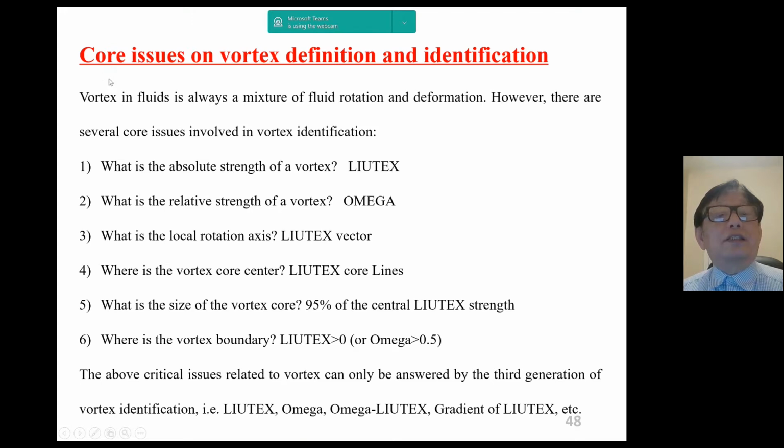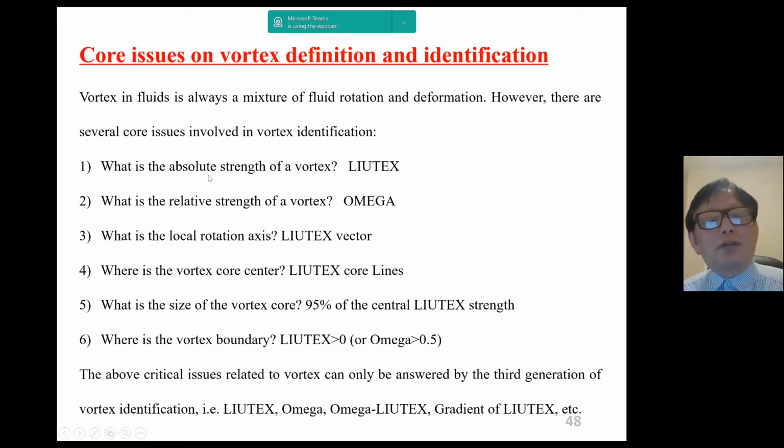We need to list some core issues on the vortex definition and identification. We know vortex is a natural phenomenon. Vorticity, of course, is a mathematical definition. So we try to find the vortex. There are some issues.